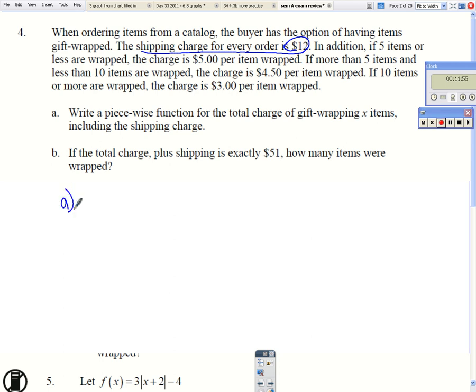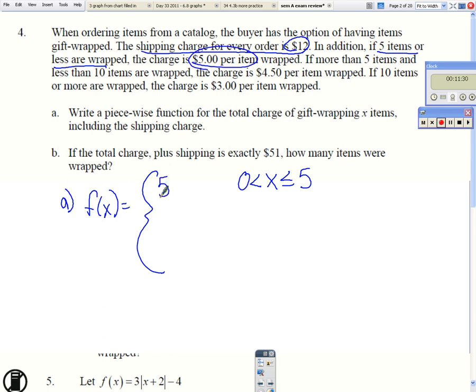So for part A, for the piecewise, if we order between 0 and 5 items, because it's 5 items or less, it's $5 per item. So 5x plus the flat fee of $12.